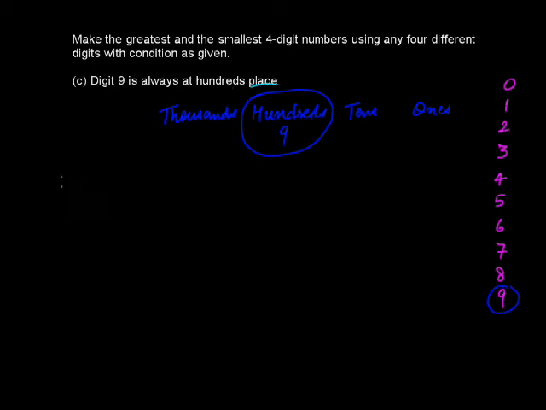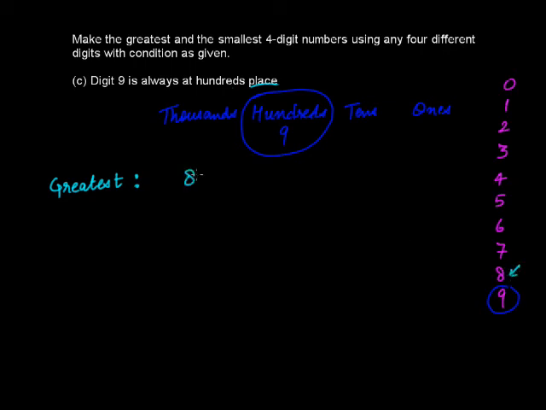Let's look for the greatest number. Since 9 is always at the hundreds place and we cannot use it at the thousands place now, it's fixed, and therefore ignore it, forget it. Look for the next greatest digit. Next greatest digit is 8.